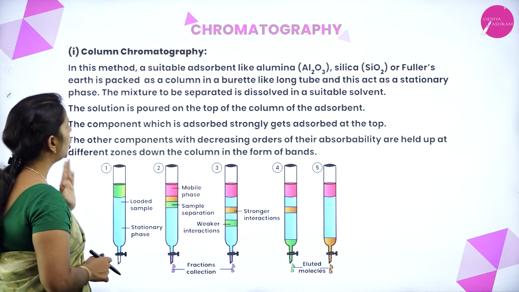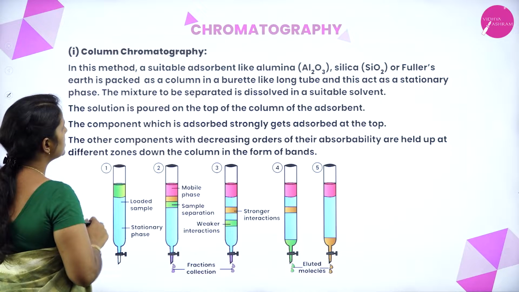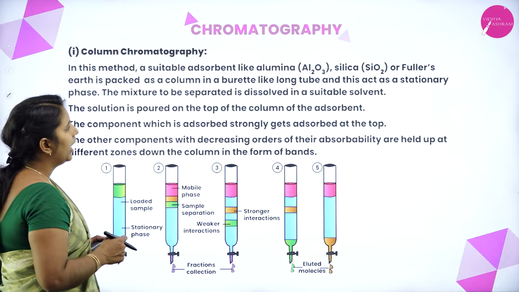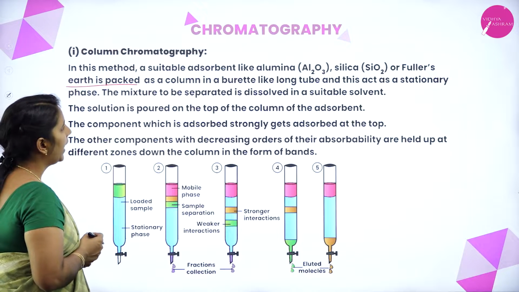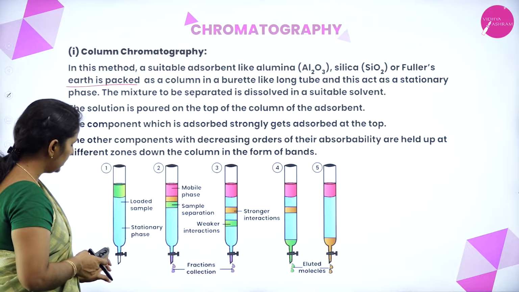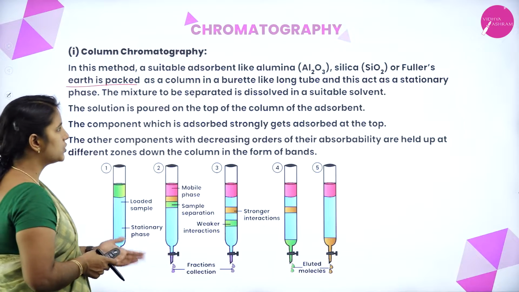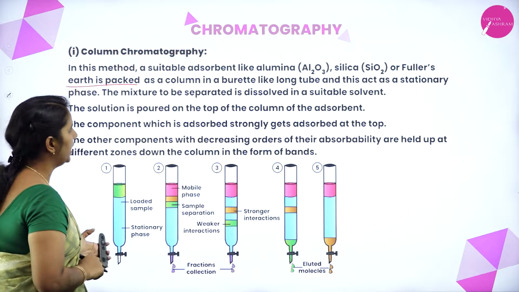Next, we have column chromatography. Okay, here you can see that a suitable adsorbent like alumina, silica and fuller's earth has been packed in the column, a burette-like long tube. In that, the sample will be mixed with a suitable adsorbent like alumina or silica.